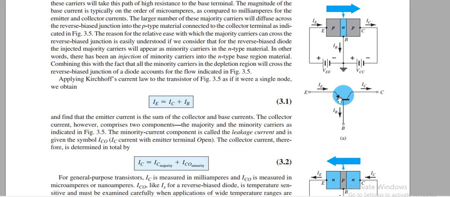The arrow direction indicates what type of transistor this is, either NPN or PNP.